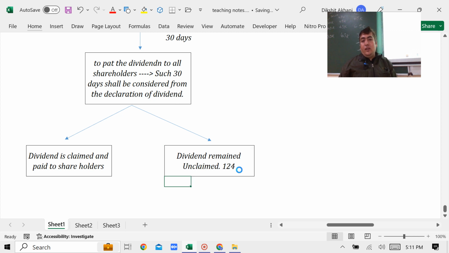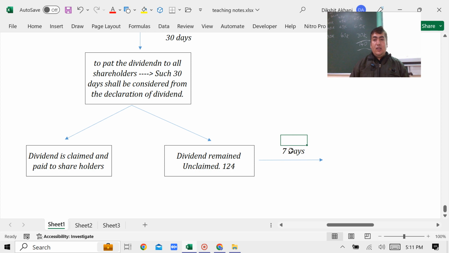Dividend remains unclaimed. So here the question comes, what if the dividend was unclaimed? Then what to do? Then law says that we are giving you 7 more days. How many days? This is quite an interesting fact. 7 days.